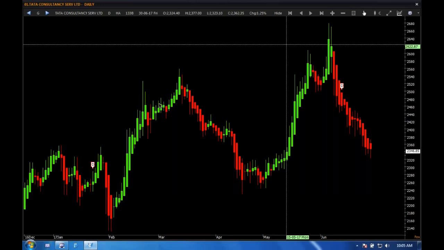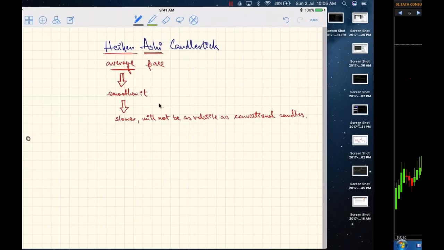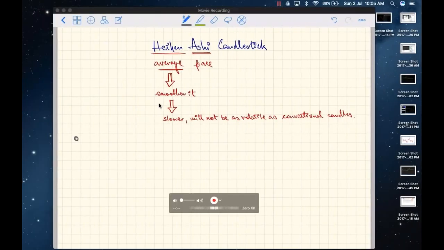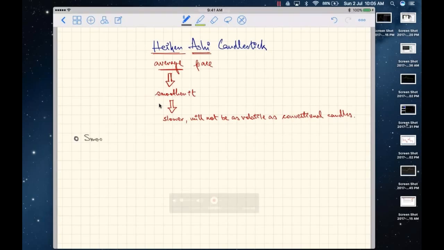The pointers that stand out for a Heiken Ashi is, number one, because it's averaging out the pace of the market, it is far more smooth. And because it's far more smooth, trends are visually very clear. This is one good thing.